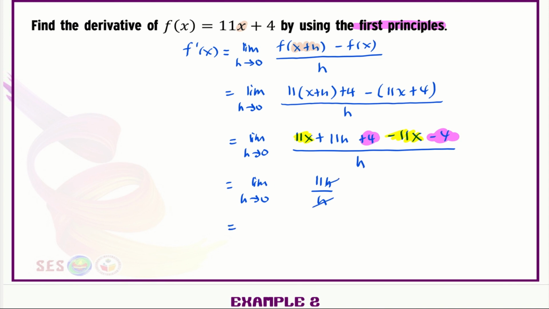So we are just left with the limit of 11 as h approaches 0. From chapter 1 on limits, we know that the limit of any constant as h approaches 0 is just the constant itself. Therefore the answer is just 11.